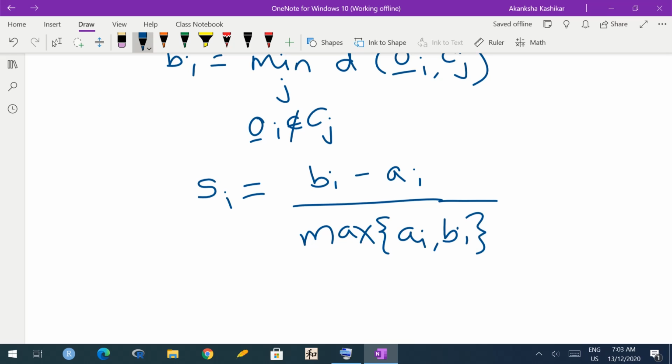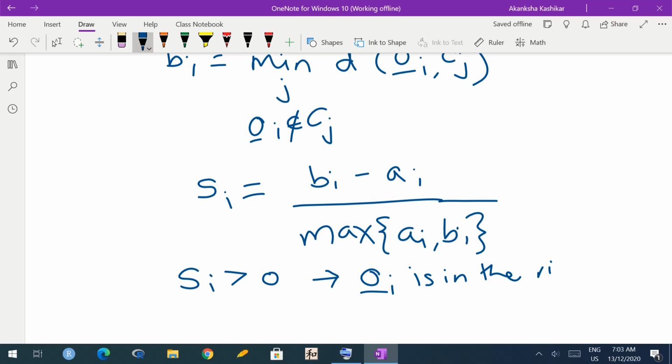Now the denominator, maximum of Ai comma Bi, is just for scaling purpose, so we can ignore it for the time being. So what does Si tell me? If Si is greater than 0, it means Bi is greater than Ai. It means that even if I consider the nearest cluster and its own cluster, the distance from the nearest cluster is higher than from its own cluster. So it would mean that Oi is in the right cluster.